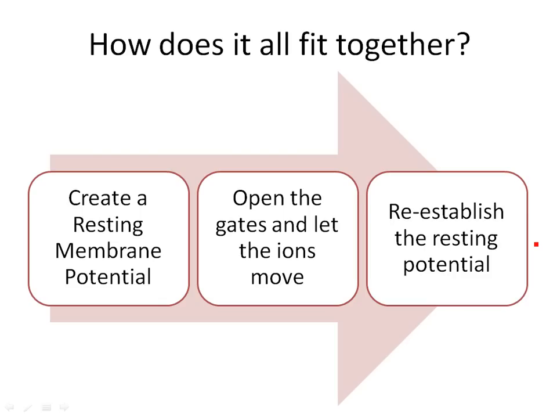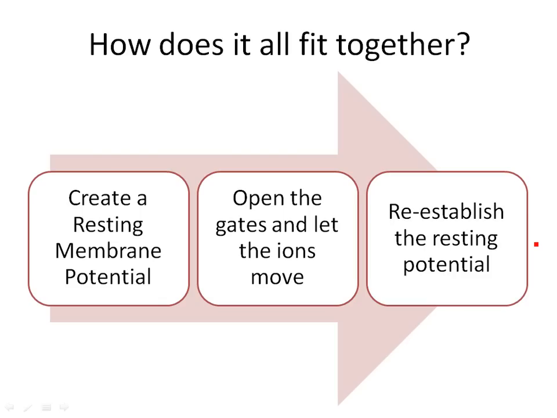Then, when the time is right, the neuron will open gates in its membrane, which allows ions to move. When ions move, that means charge is moving. And if you can move charge, you generate electricity. The third step is to reestablish their resting potential, to close the gates back up again and pump the ions in the correct places.